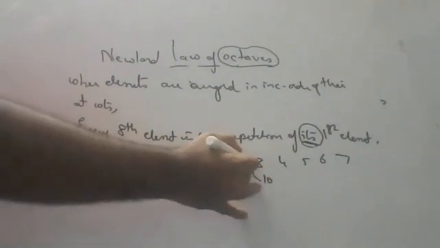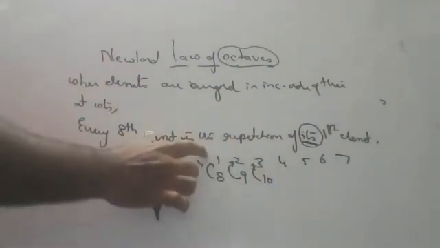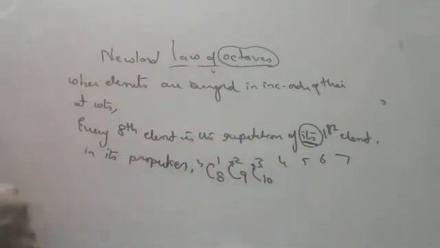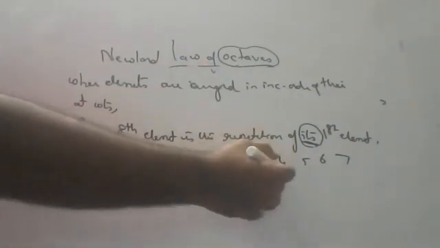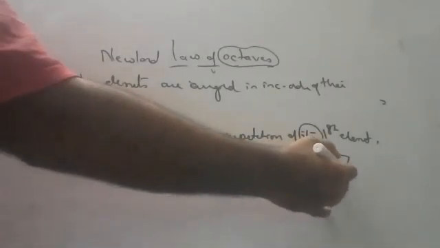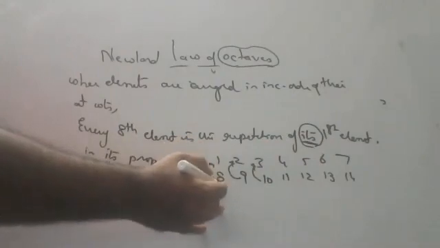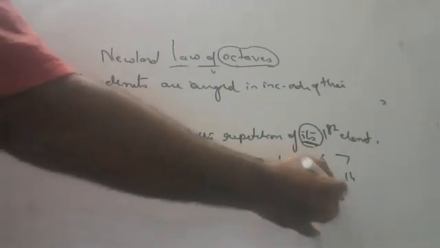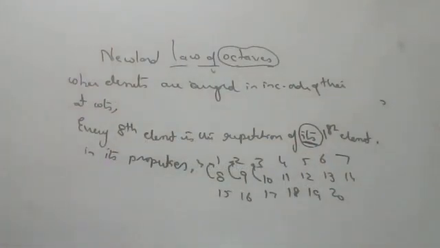For 10, its first element is 3. Means 1 and 8 will have the same properties, he said. 2 and 9 will have the same properties. 3 and 10, 4 and 11, 5 and 12, 6 and 13, 7 and 14, and 8 and 15, 16, 17, 18, 19, 20. Like that he arranged it.